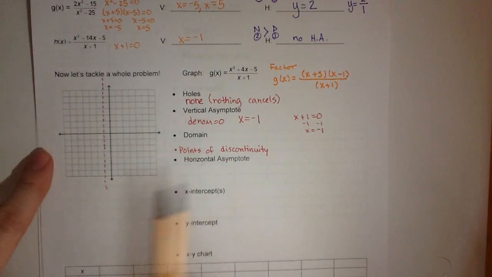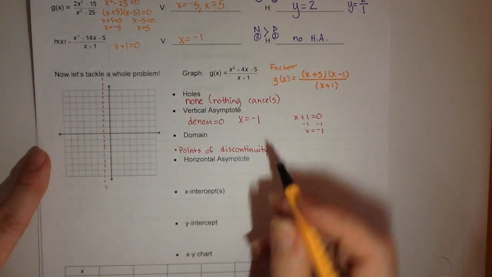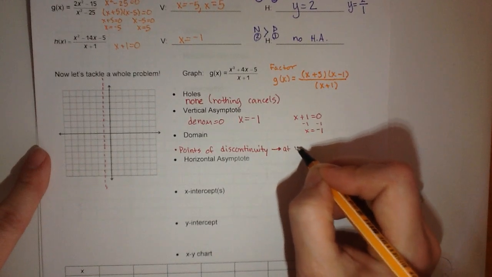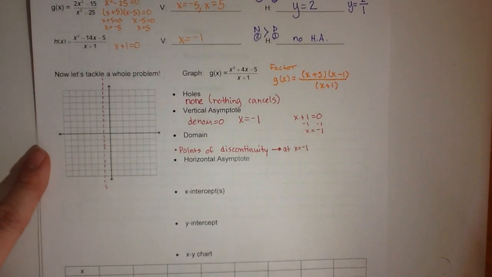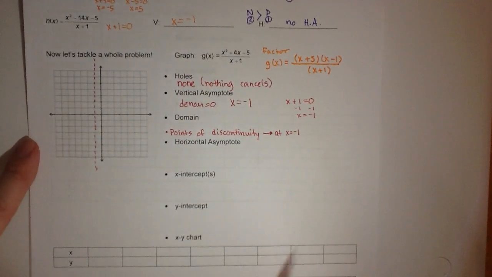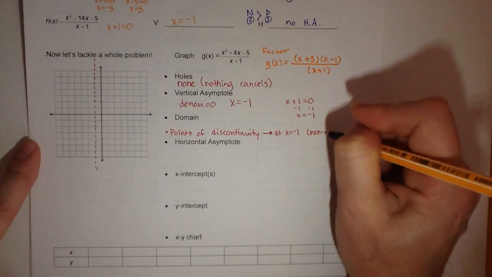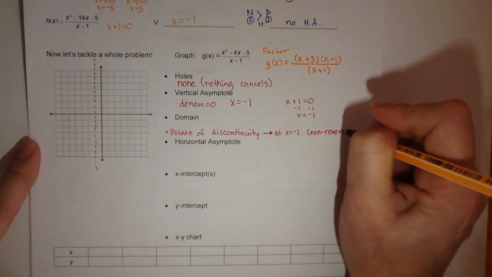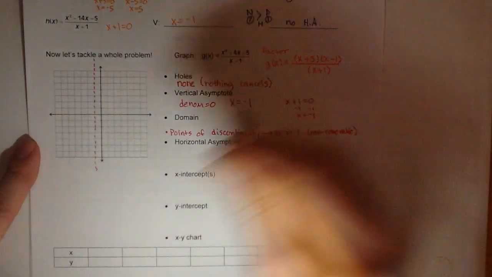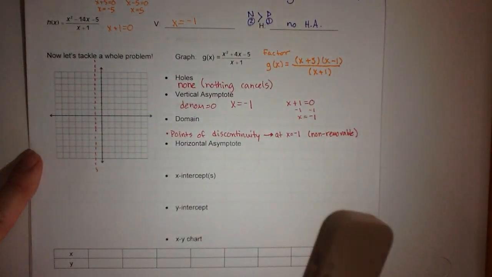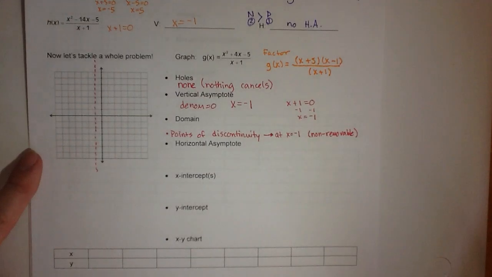Points of discontinuities are the x values that we have holes at and the x values that we have vertical asymptotes at. So we only have one point of discontinuity at x equals negative 1. And remember that it is non-removable if it's an asymptote, so that is non-removable. If it's a hole, it's removable. So we only have one point of discontinuity and it's non-removable at x equals negative 1.